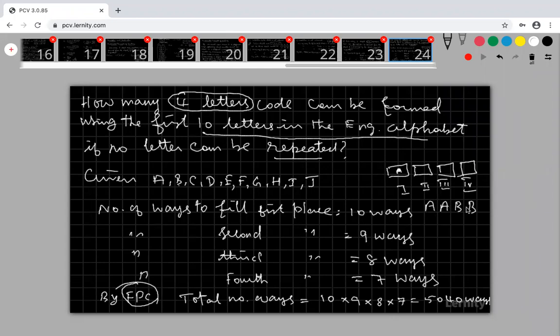Why? No letter can be repeated. My letter A comes here, so A coming again, repeating A, is not allowed here. So if I am writing A here, the second, third and fourth letters must be different from A. Are you okay, Harish?